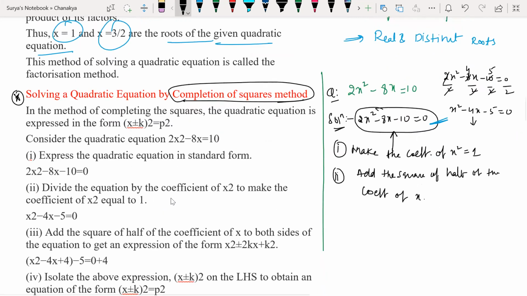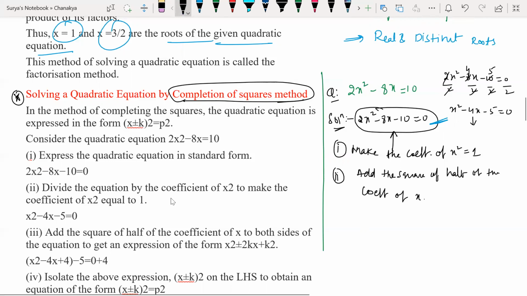What I meant to say here is, what is the coefficient of x here? It could be plus, it could be minus, anything. I have minus 4 here. So what is half of that? Minus 2, right? Half of minus 4 is minus 2, so I'll be adding and subtracting minus 2.